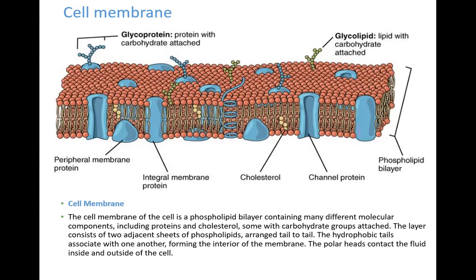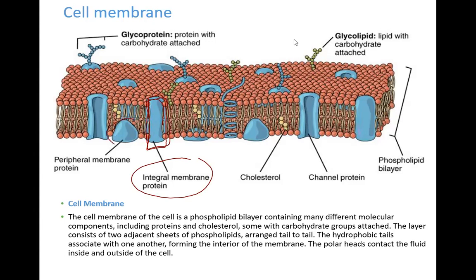Now what we see here, we see proteins. These things in blue are what's known as an integral protein. Integral proteins go all the way through from one side to the other. That could be a carrier protein. It could be a channel protein.